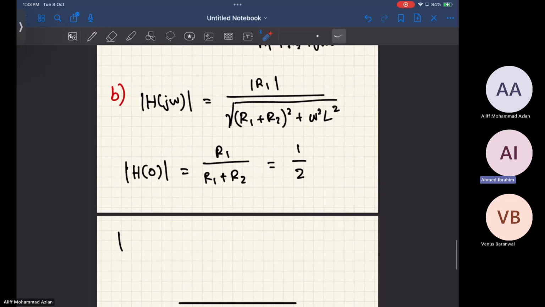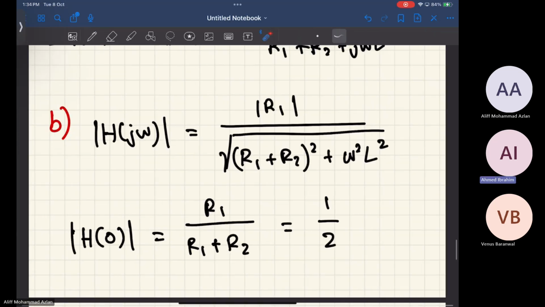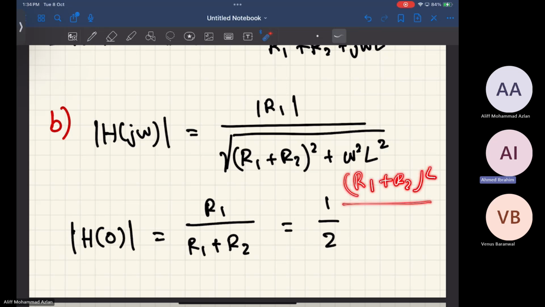So in this case, if we use omega equals R1 plus R2 divided by L, what that means is this will be R1 plus R2 squared divided by L squared.